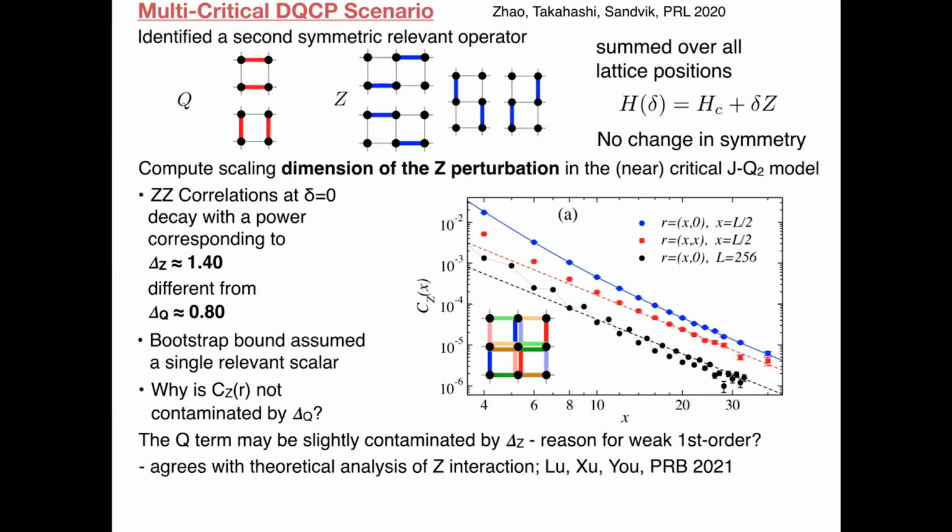Now, there's actually a very interesting theory scenario by Yichong Yo, Zhenke Xu, and Da-Chuan Lu, Yichong's student, where they analyze this interaction, and they propose that it corresponds to a current operator in the field theory. They also comment on the fact that it's possible that this is included at a very weak level in that operator.